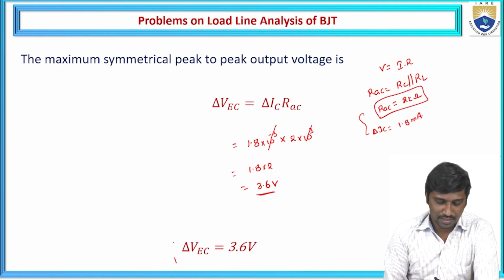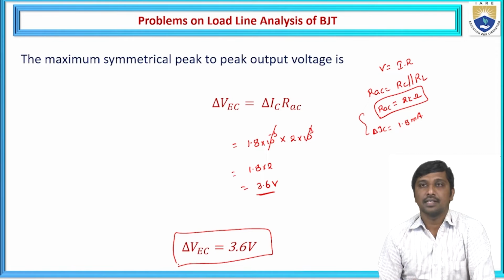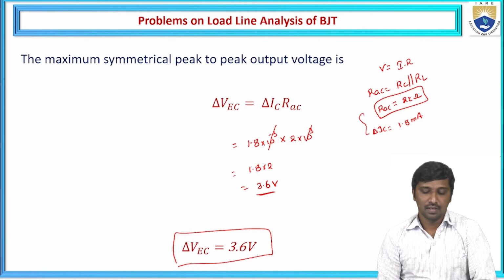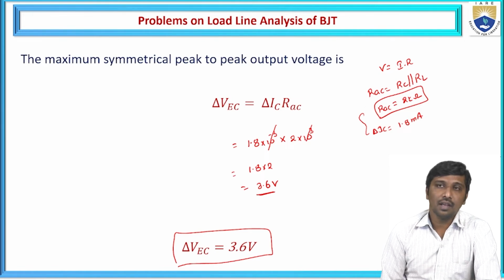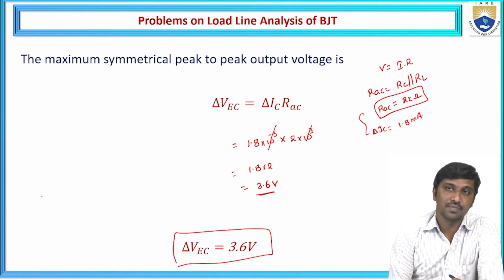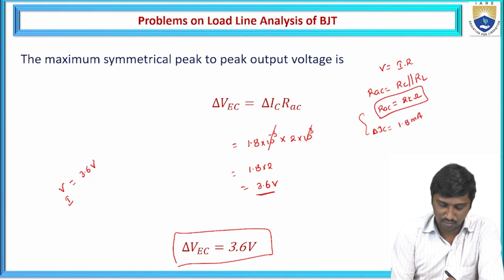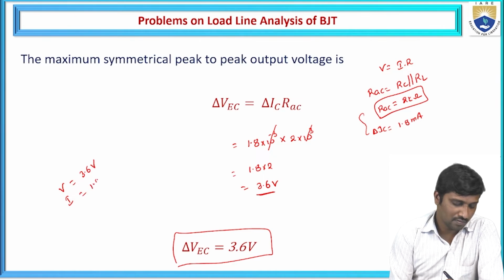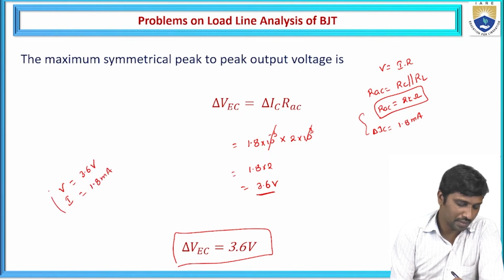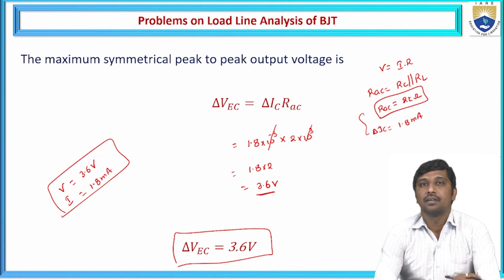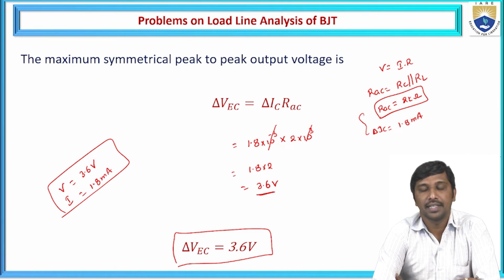That is the reason delta VEC is represented as 3.6 volts. So from this, we identified the maximum symmetrical outputs in terms of voltage and current. The voltage is 3.6 volts and the current is 1.8 milliamperes. These are the two points we observed from the given statement.